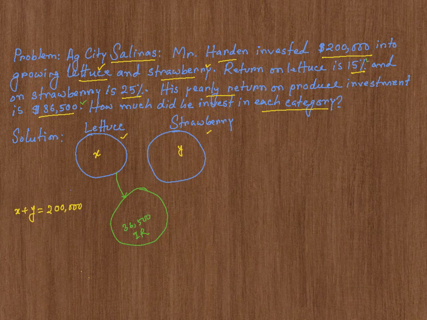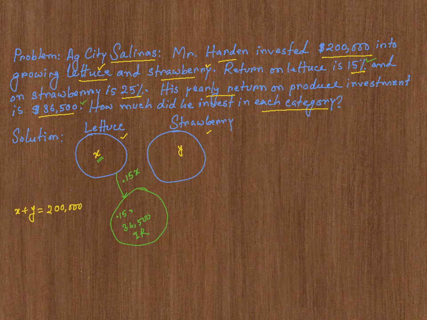Lettuce gives 15% return, so it's going to be 15% of whatever he invested, which is X, so 0.15 times X. This X is not showing up properly, so let's just do it again, 0.15 times X.